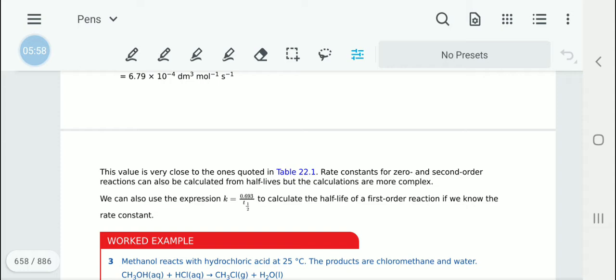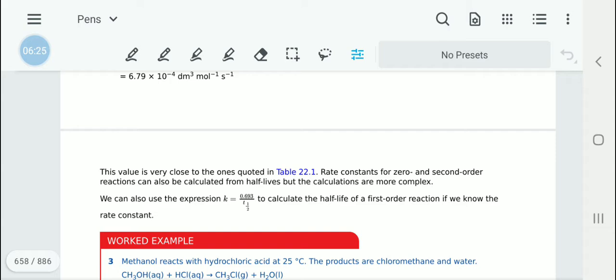Now you will not be asked to calculate the rate constant for zero and second order. You will be questioned on first order only, and that calculation is a little complex. So if we know the rate constant, we can calculate the half-life also by using k equals 0.693 upon t half.